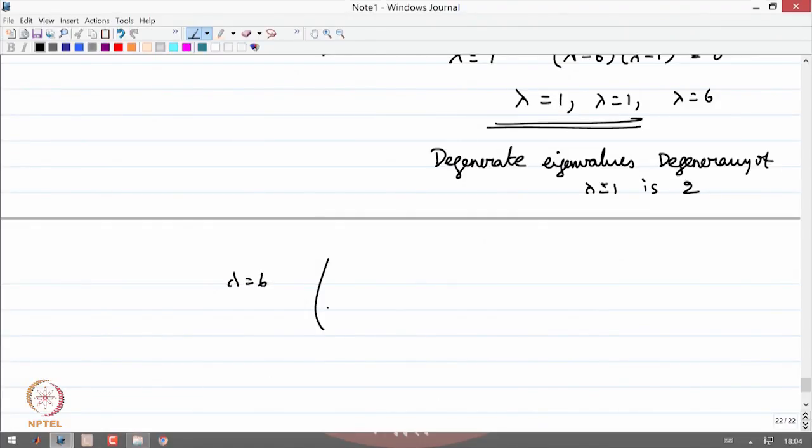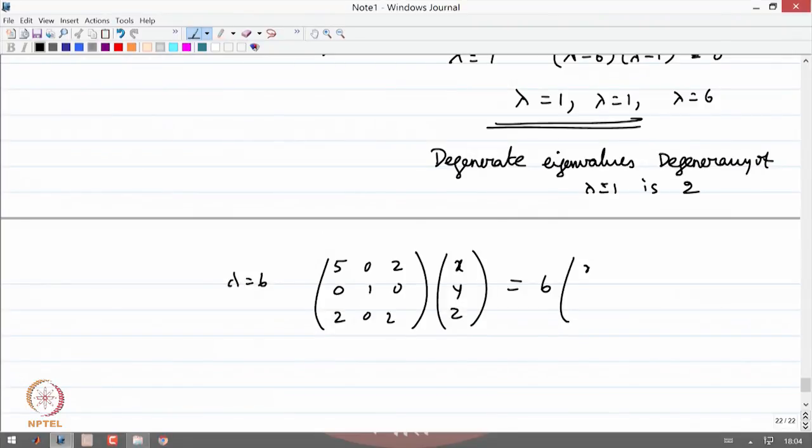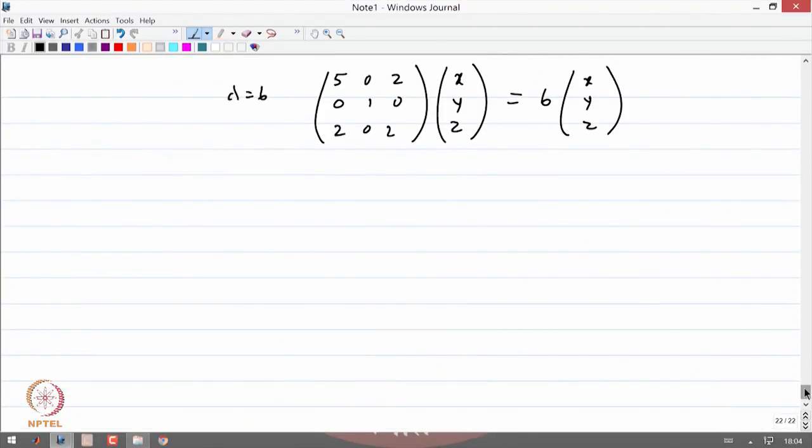We have the matrix equation as 5 0 2, 0 1 0, 2 0 2 times x y z is equal to 6 times x y z. Okay. And the equations are, it's very clear, 5x minus 6x, therefore minus x plus 2z is equal to 0.